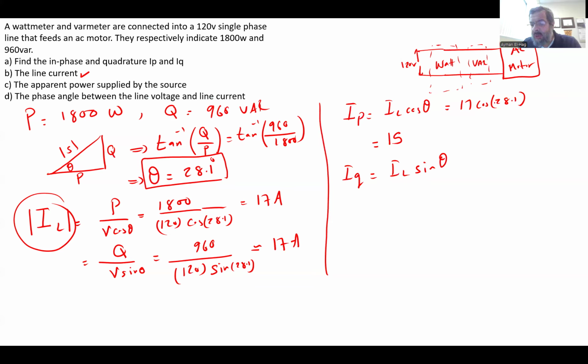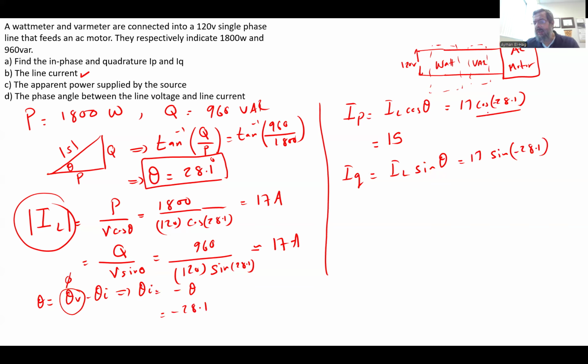Now theta here, sorry, it should be minus, not plus. Why? Because theta is equal to theta V minus theta I, and theta V we can take as 0 as our reference. So your theta I will be equal to minus theta, or minus 28.1. So this has to be equal to 17 times sine of minus 28.1.